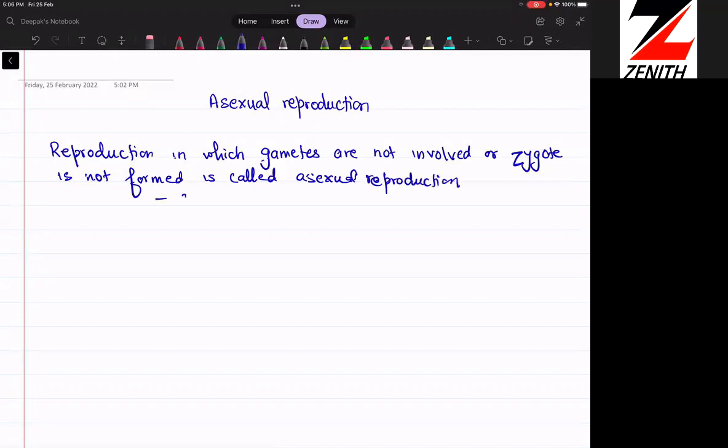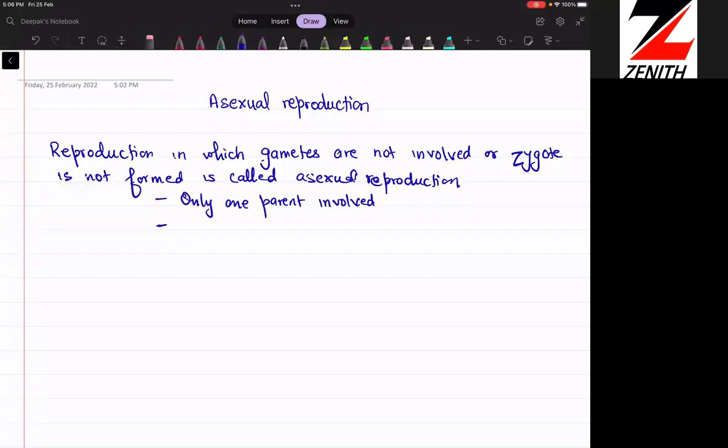So what are the characteristics? Only one parent is involved. What else? Sir, not much variation in the progeny or the new generation. Okay, we'll not say not much variation.